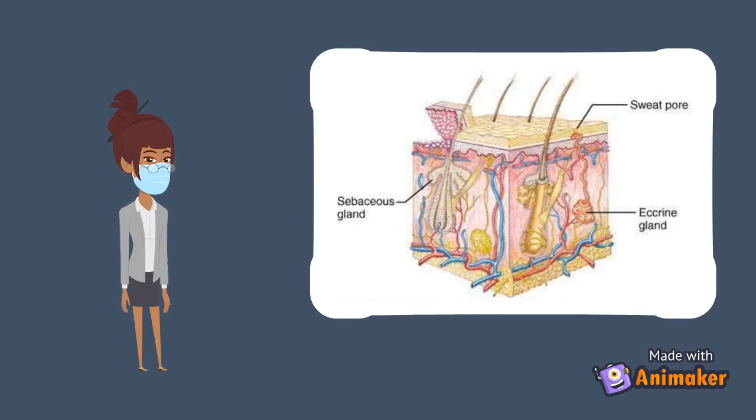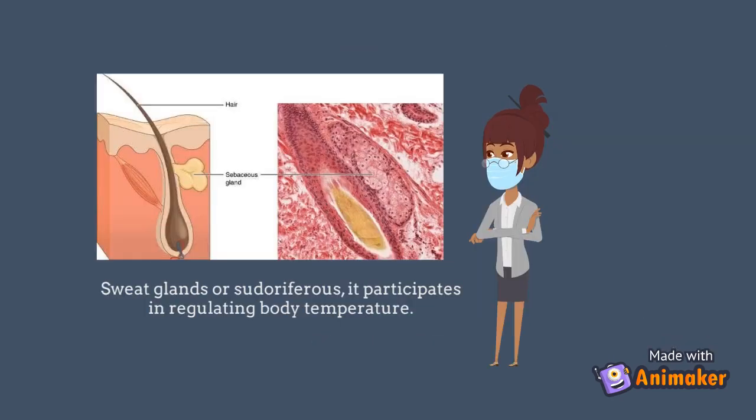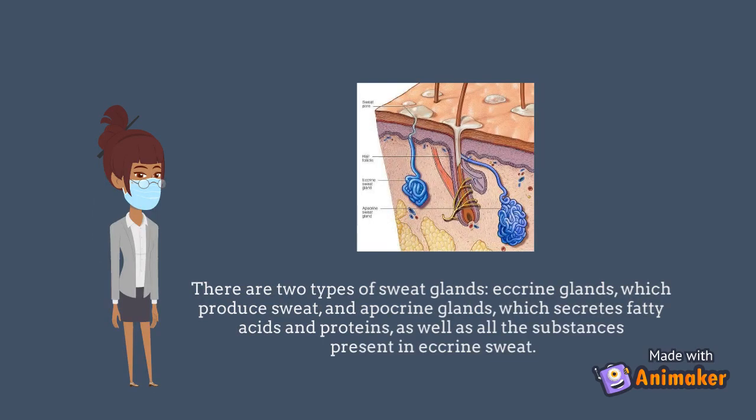It keeps skin and hair soft and moist, and it also contains a chemical that kills bacteria. And sweat glands, or sudoriferous glands, participate in regulating body temperature. There are two types of sweat glands: eccrine glands, which produce sweat, and apocrine glands, which secrete fatty acids and proteins, as well as all the substances present in eccrine sweat.